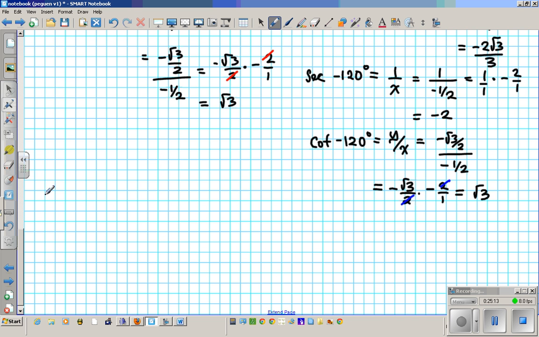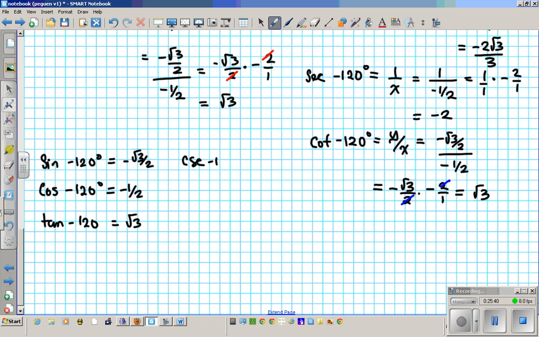Okay, so let's organize all answers together. Sine negative 120, cosine negative 120, tan negative 120. Let me see if my memory serves me correctly. This is negative root 3 over 2. This is negative 1 half. This one came out to root 3. And then your reciprocals. The reciprocal of sine, if you flip sine, you get cosecant.